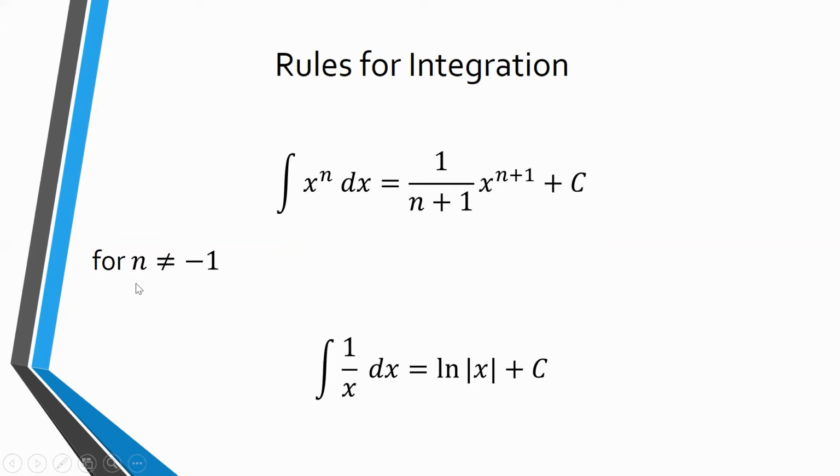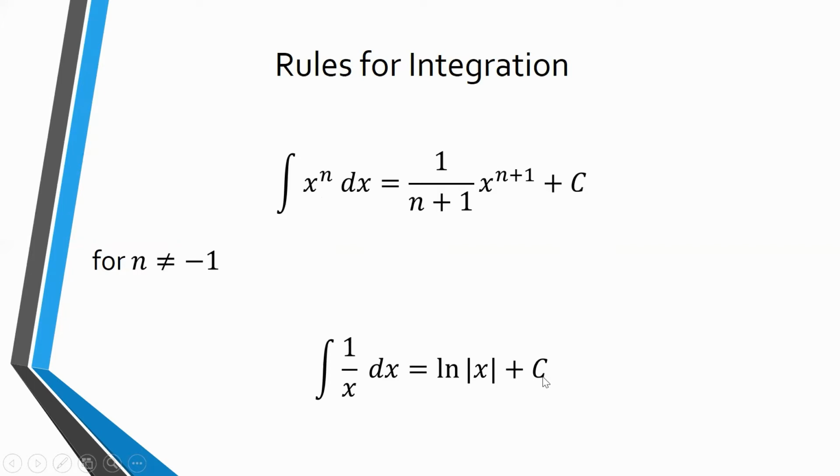Now that works as long as n is not equal to -1, because when n is equal to -1, I get a denominator of 0 here, which is undefined. But when n is equal to -1, x to the -1 power is just 1 over x. And we should know that the antiderivative of 1 over x is natural log of x plus any constant that we want.